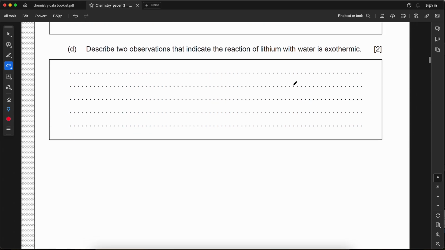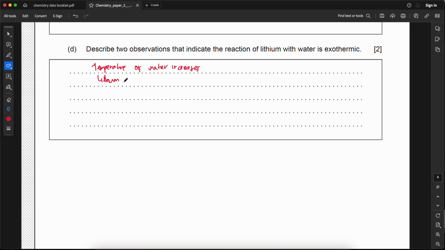All right, describe 2 observations that indicate the reaction of lithium with water is exothermic. When it is exothermic, the temperature increases. So the temperature of water increases because you know lithium comes from group 1, very reactive, so the temperature will increase when it is dissolved in water or reacts with water.